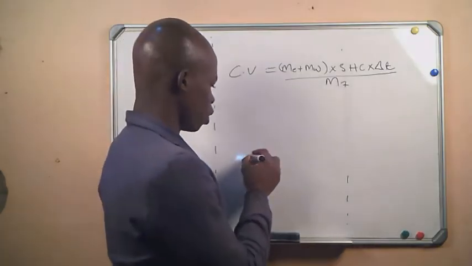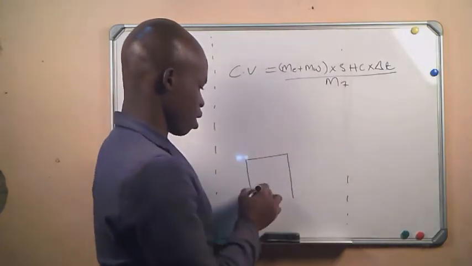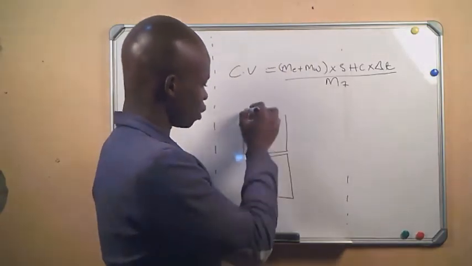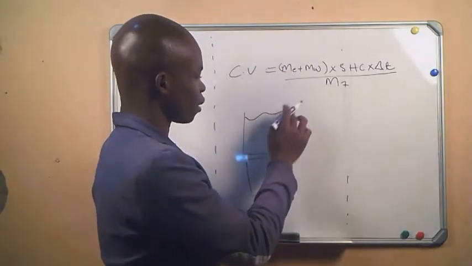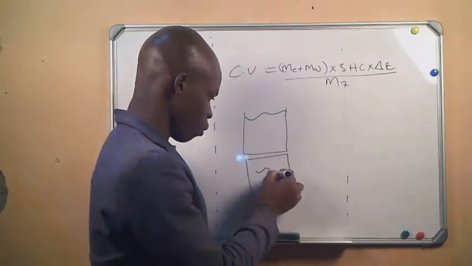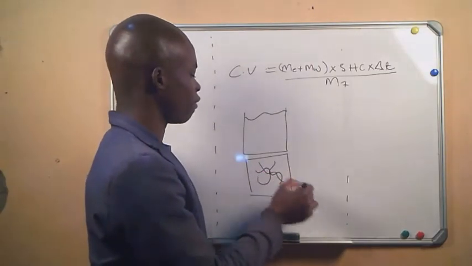So we know that, let's say we have a container of water, and then we have the combustion chamber here. This is where we are burning the fuel.